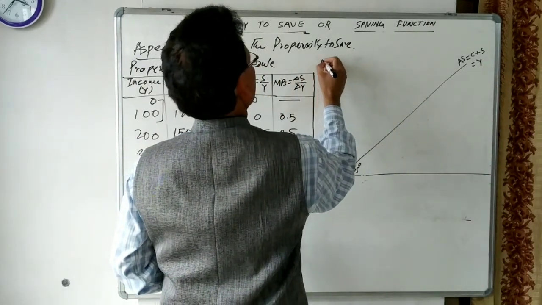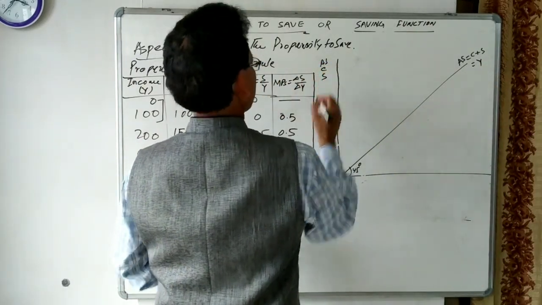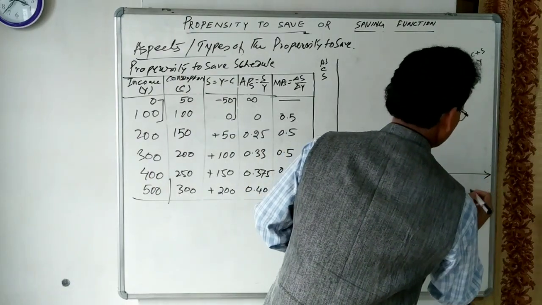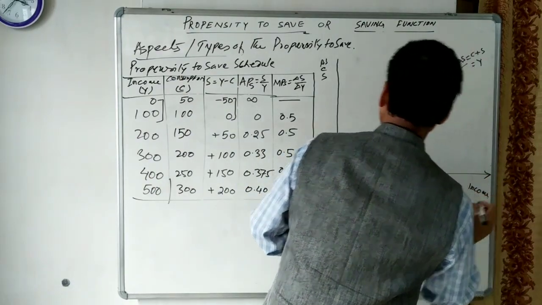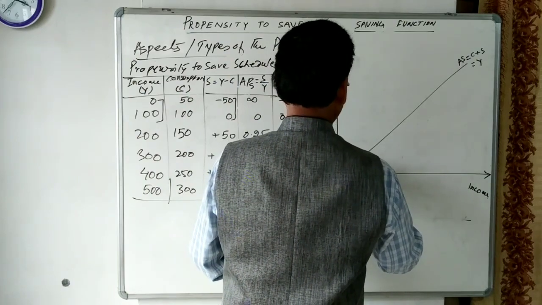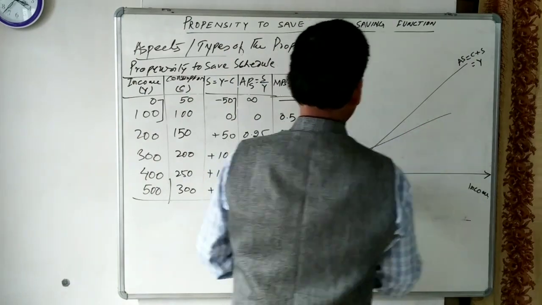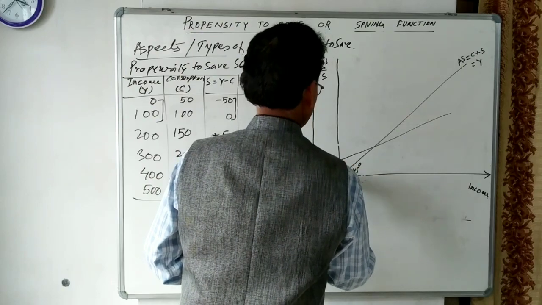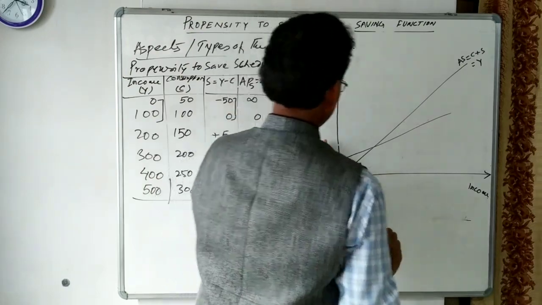Here we can take consumption and saving on one axis. Here we will always take income. So you know this is the C-intercept.